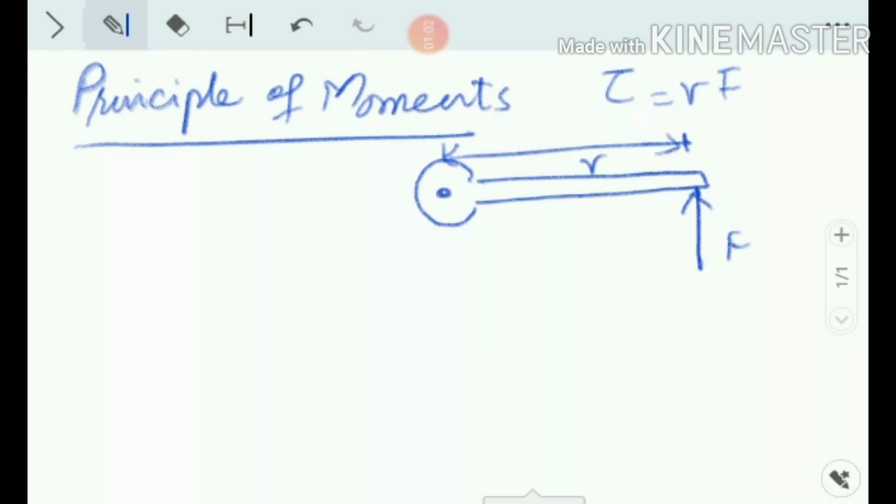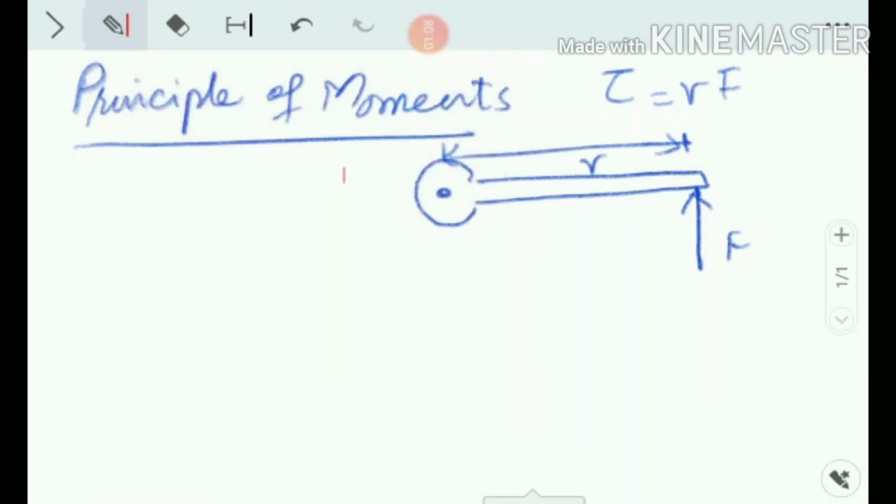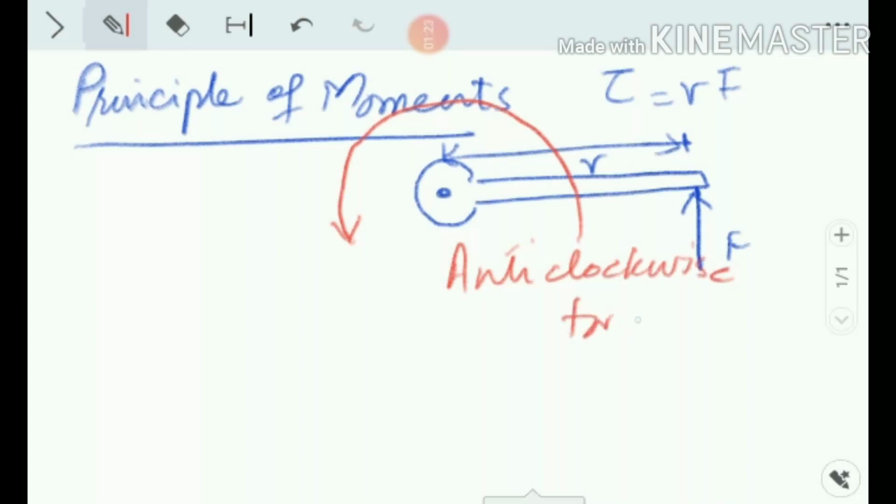Now there are two types of torques that can be possible. In this case, you can observe that the lever after the application of force will have anti-clockwise rotation. So we will call it anti-clockwise torque or counterclockwise torque.